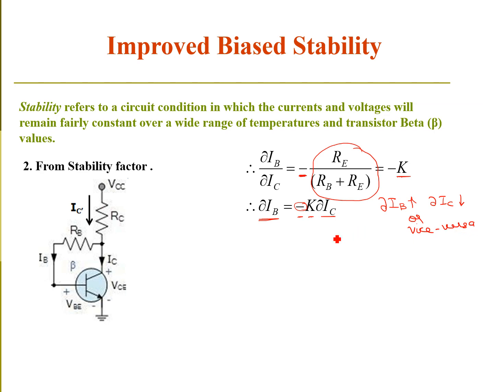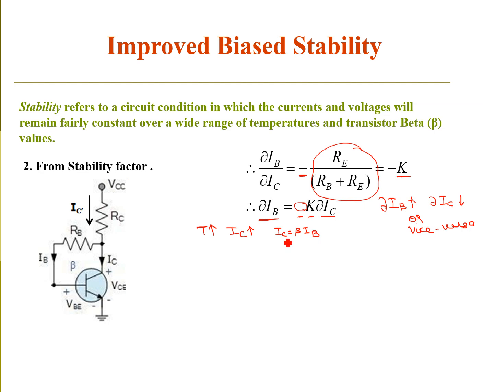So now what is happening over here? Because of the rise in temperature, minority leakage current is increasing. That is causing IC to increase. Since IC is equal to beta times IB, there is a linear relationship over here.